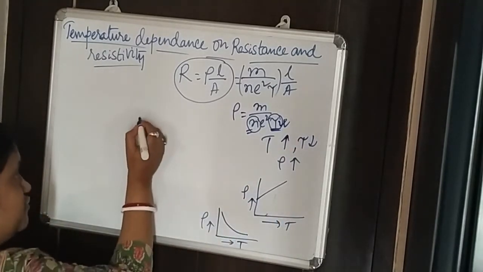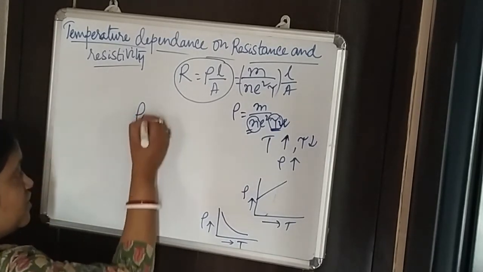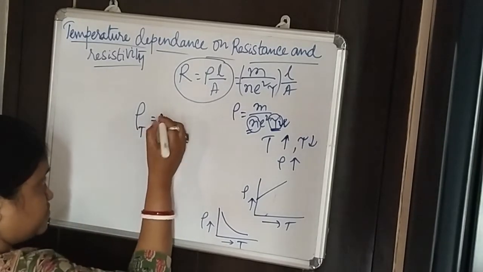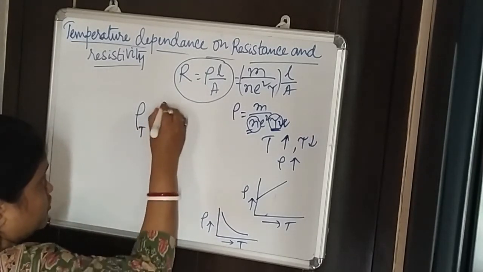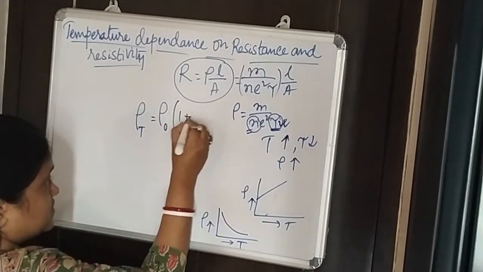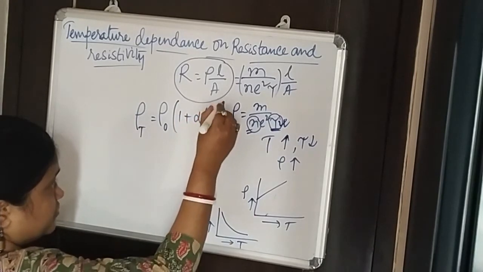And if we want to calculate the resistivity at a certain temperature T, it is equal to rho naught into 1 plus alpha into T minus T naught.